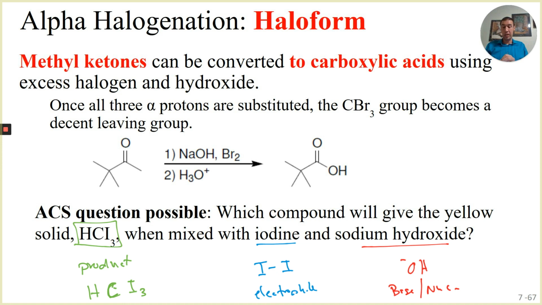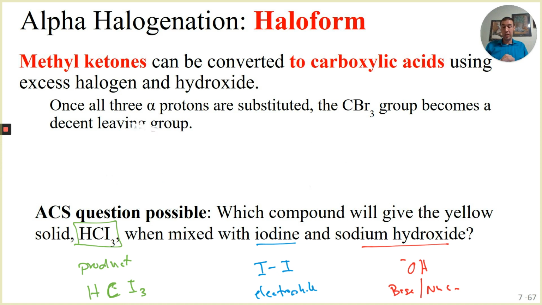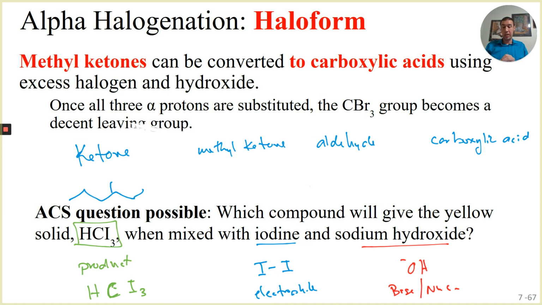So how would they answer this or show this? There's a variety of ways that it can be shown as a multiple choice. One way is to just go through and list ketone, methyl ketone, aldehyde, and then carboxylic acid. So they could just give you the name of the functional group. They could also draw out the structures.